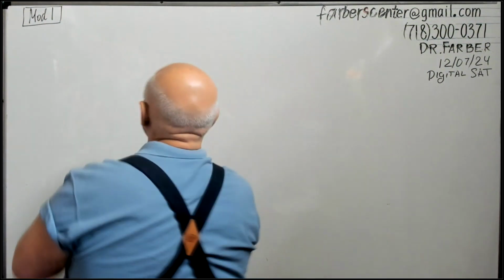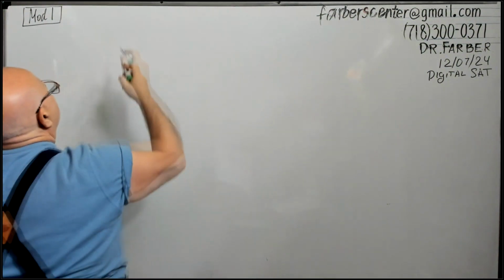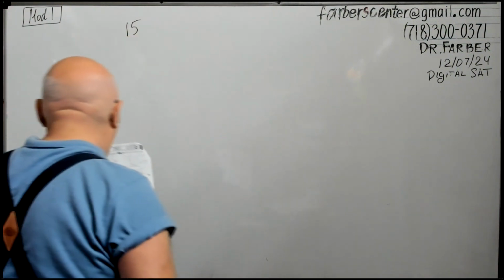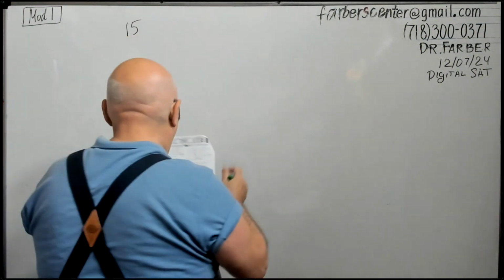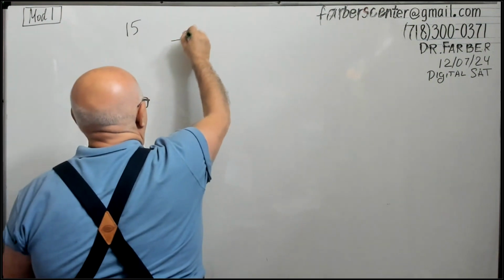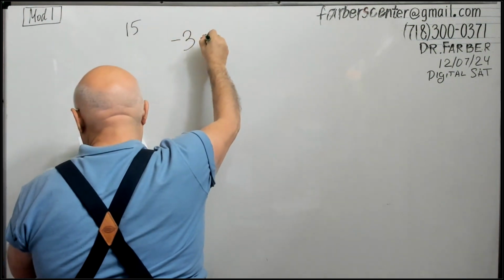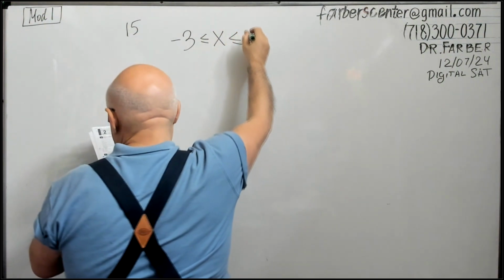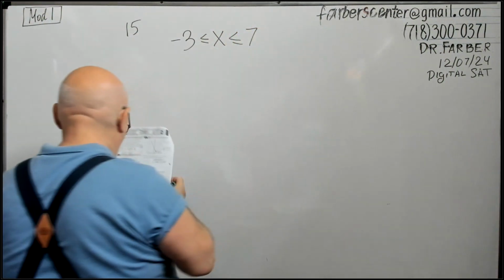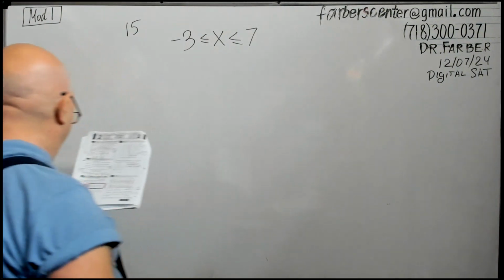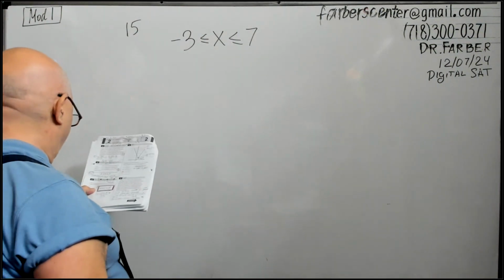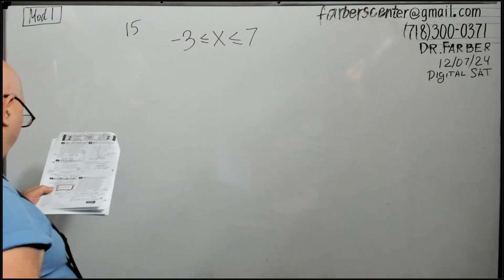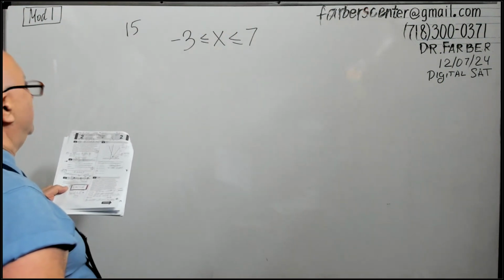In 15, we have negative 3 less than or equal to x less than or equal to 7. Which of the following absolute value expressions represents the same set of numbers in the interval?